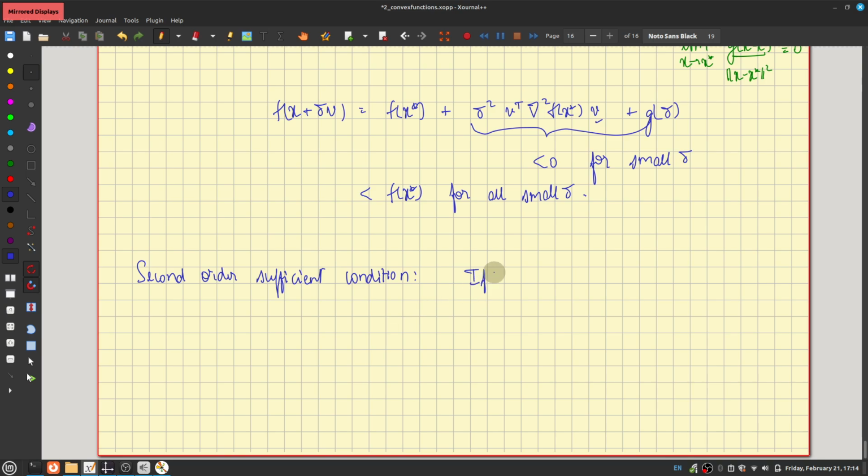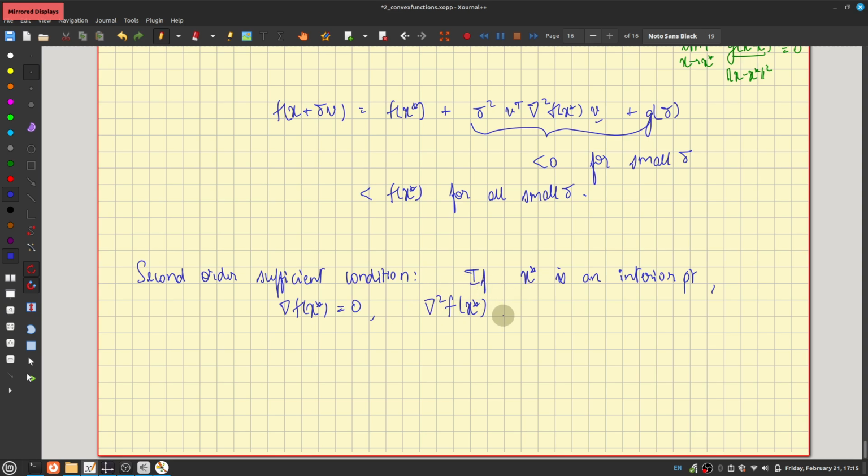So if x star is an interior point, and let's say at x star the gradient is 0 and the Hessian, so v transpose Hessian v should be greater than or equal to 0 for all v, because every direction is a feasible direction.